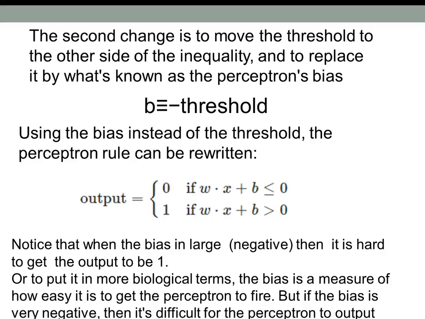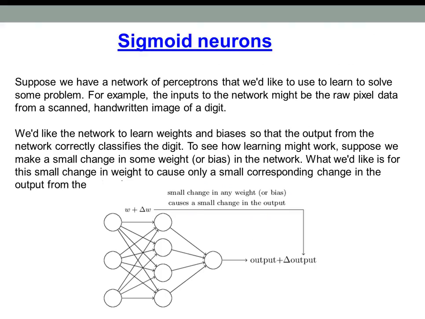The model can vary the weights and the bias. Okay? So we'd like the network to learn weights and biases so that the output from the network correctly classifies the digit. So we're going to send in a picture of an 8, but it's going to be a handwritten picture. It's just going to be a bunch of pixels.